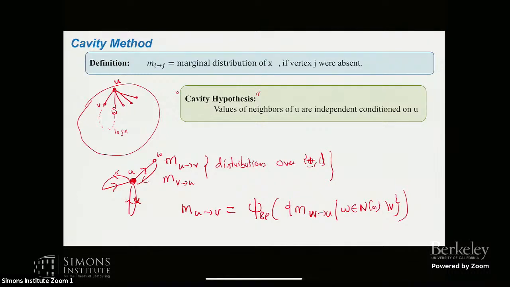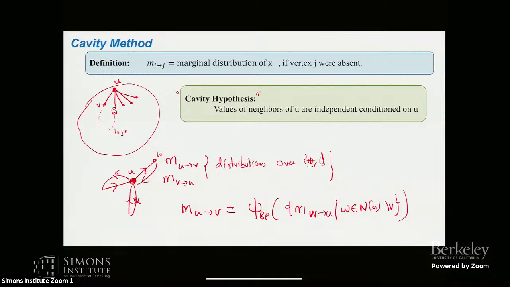Basically, as the degree changes, the number of things you multiply changes. But in general, if you want to do this with something like a CSP, like not-all-equal SAT, then the clean way to do it is to have two sets of nodes in your graph, the variables and the constraints, like the variable-constraint graph, and do all of the cavity calculations over there. So when you remove a variable, the constraint will have an orphan, and when you remove a constraint, the variables are an orphan. So there will be two different kinds of updates. The variable nodes have an update and constraint nodes have one.